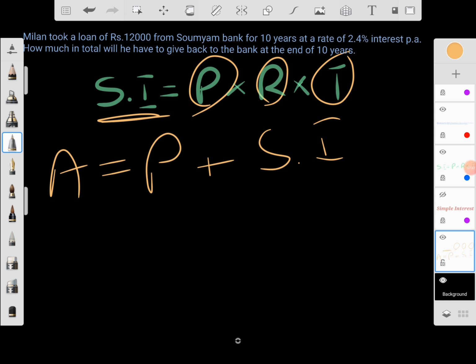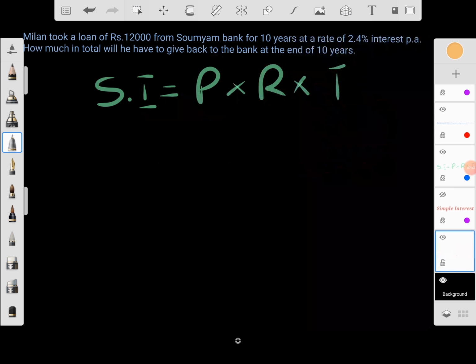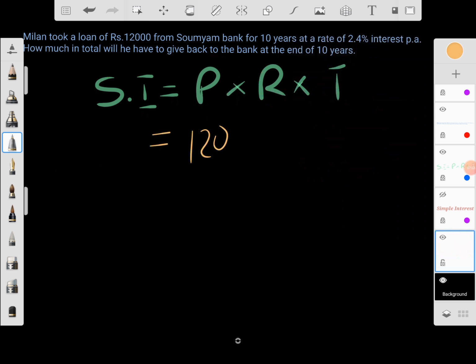So first let us find SI, then we'll substitute that value here, and then we'll find the amount. So to find SI, it will be P is 12,000 into rate, that is 2.4 by 100. See how the 100 came? Because it's 2.4%. Percentage means divide by 100.